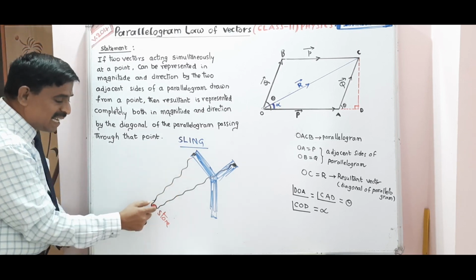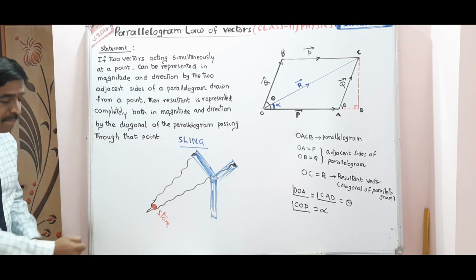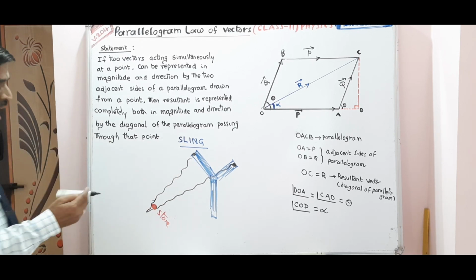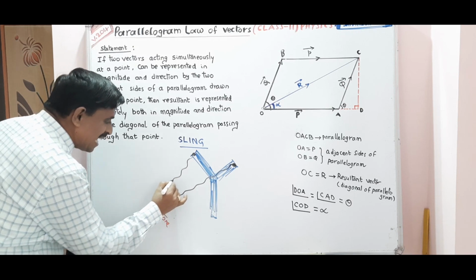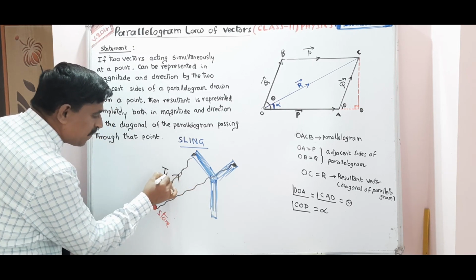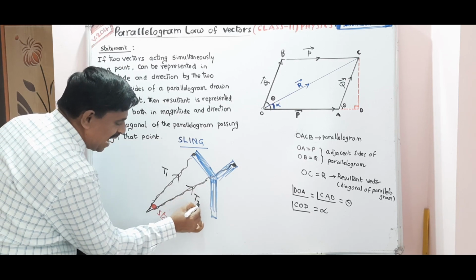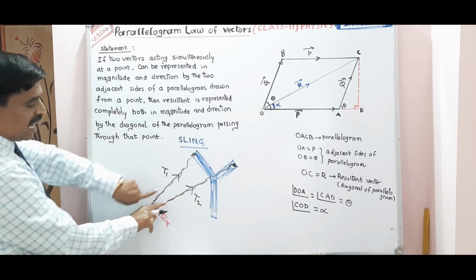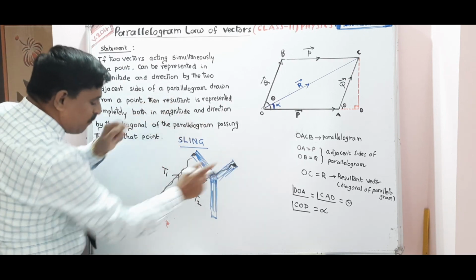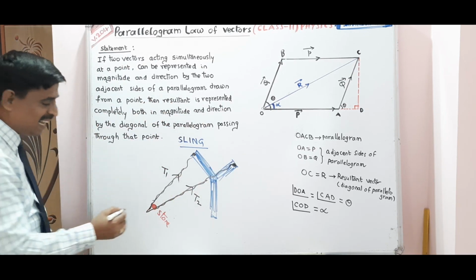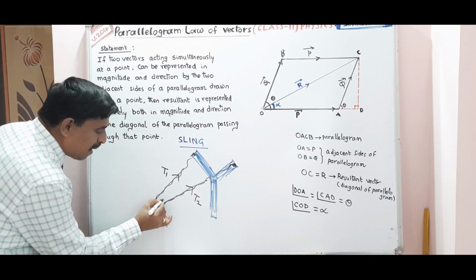If you stretch these rubber bands backside, tension will be developed in the rubber bands. One tension is acting in this direction, and another tension is acting in this direction. Two tensions are acting from the same point. Finally, resultantly, the stone moves in the middle.